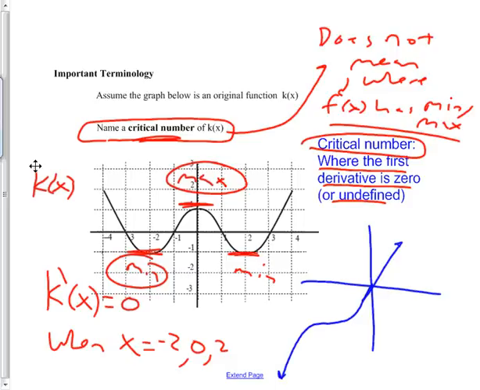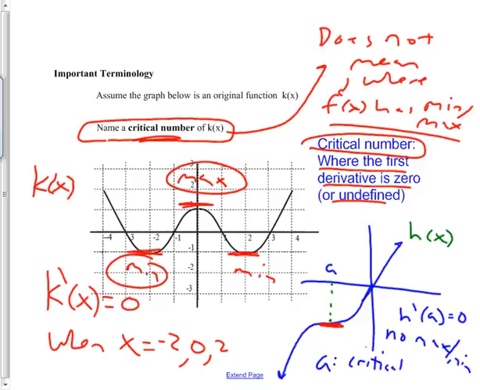So at this point right here, if we call this function h of x, and this is the point a, h prime of a equals 0, because it's having a slope of 0 there. There's no max or min. A is still a critical number, even though it doesn't correspond to a local max or min.